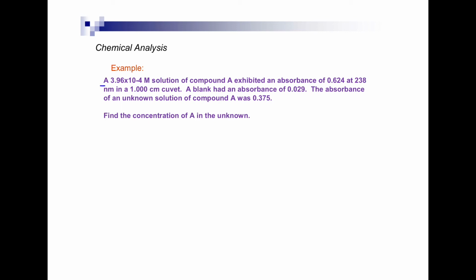It says that we have a solution of compound A that exhibited an absorbance of this, at 238 nanometers, which is the wavelength. And then it says a 1.00 centimeter cuvette.